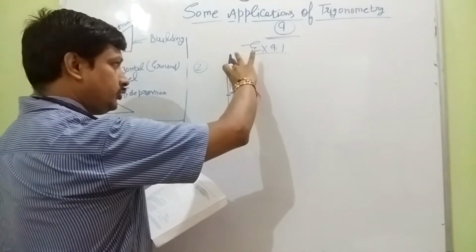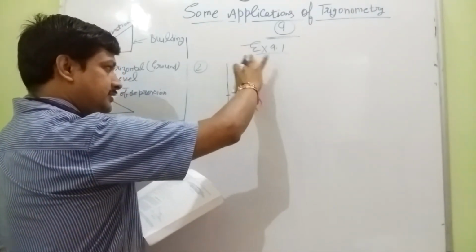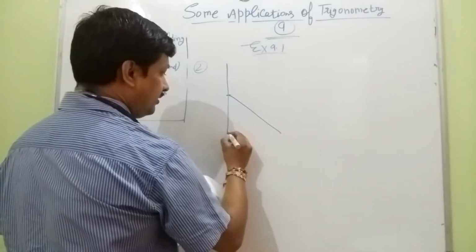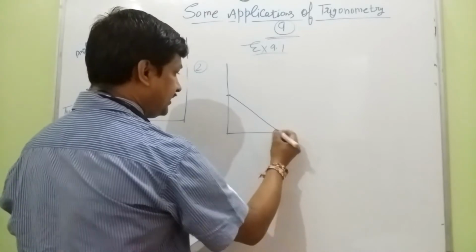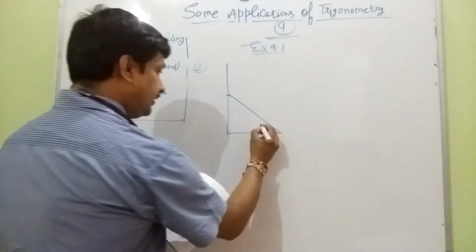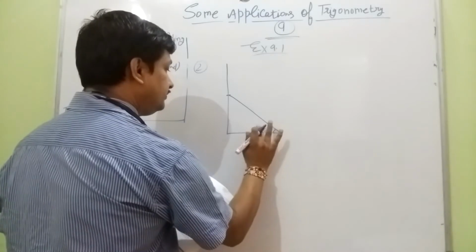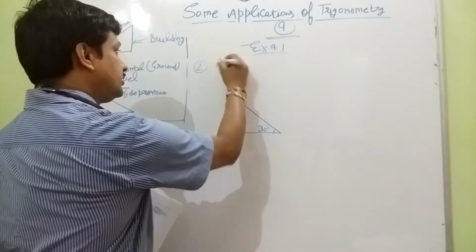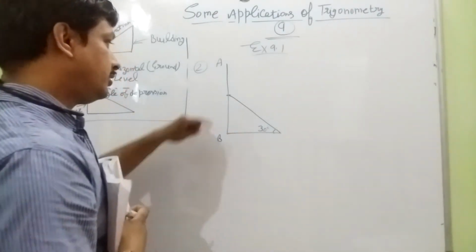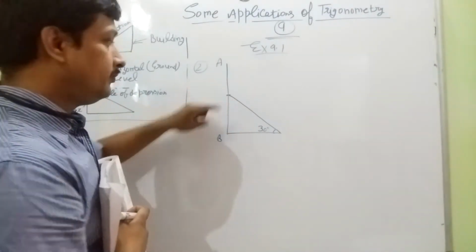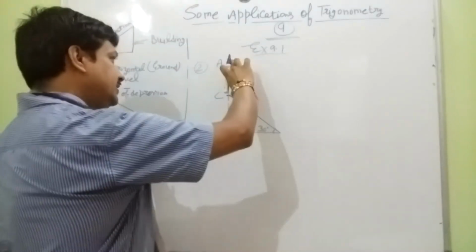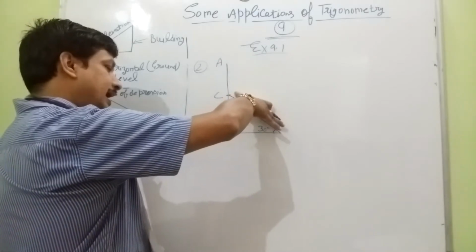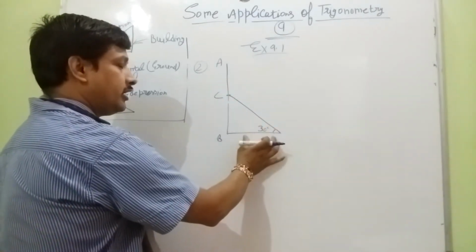It is attached to it, but it is just bending like this and making the angle of 30 degrees with the ground level. AB was a tree, and due to the storm it is broken from point C, and this part is just bending and making an angle of 30 degrees with the ground level.